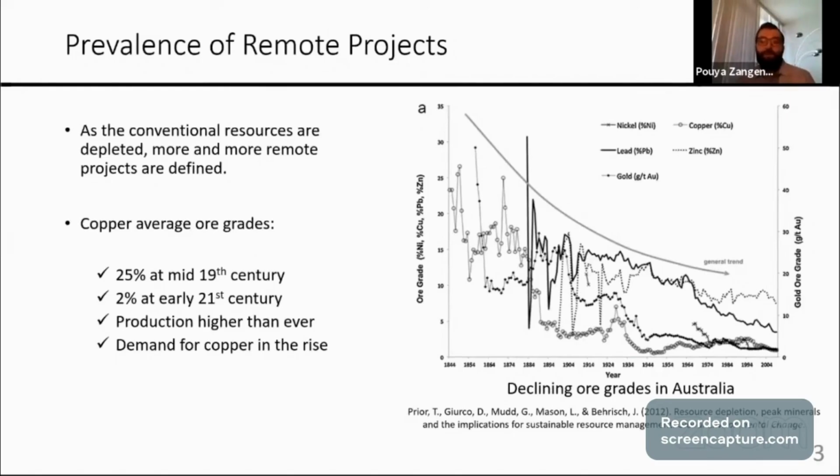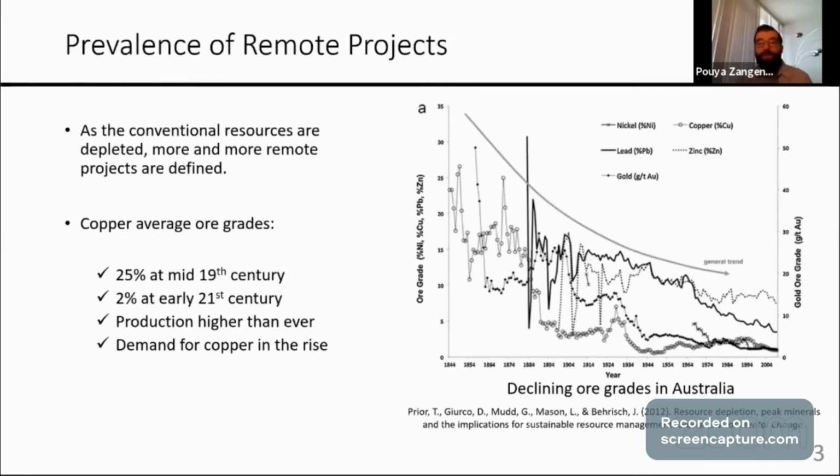And a major part of that is that remote resources have to be big enough to pay for the cost of the infrastructure that needs to get there. They have to justify the big investments that go into making them accessible.